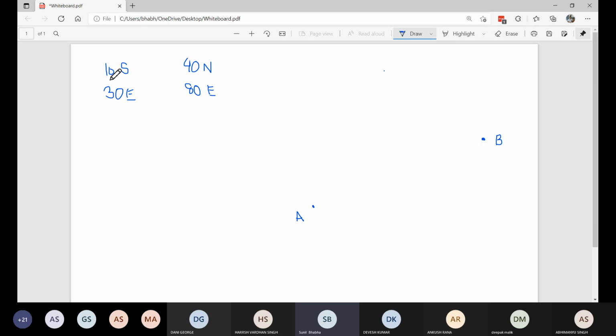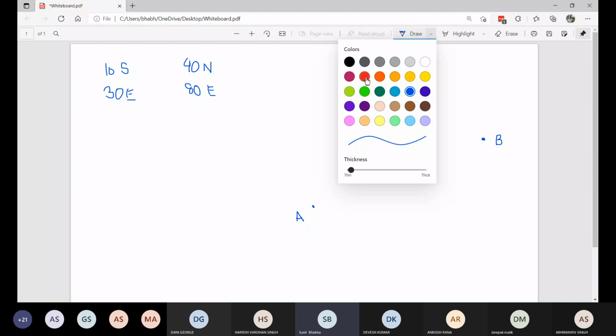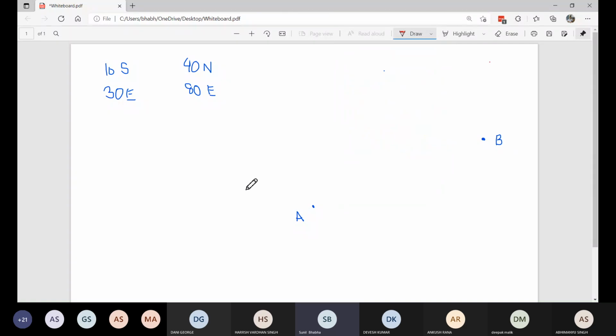Since our first position is in the southern hemisphere, we can mark off the equator also here. The equator would be somewhere here. Correct beta?